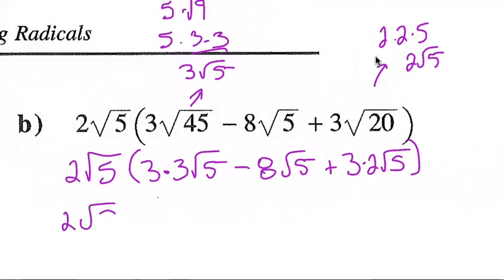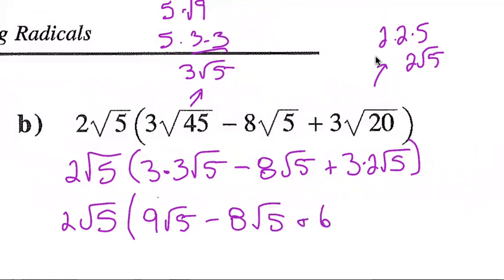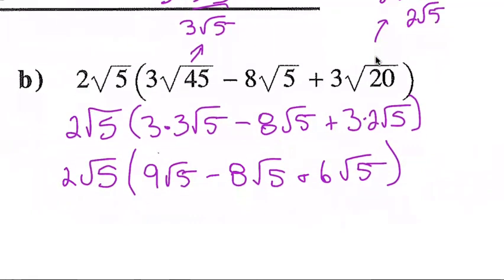2 square root 5 before even multiplying. 3 times 3 is 9 square root 5 minus 8 square root 5 plus 6 square root 5. And I can combine that. 9 take away 8 is 1 plus 6 is 7 square root 5.